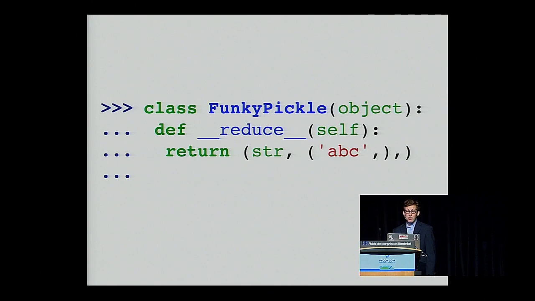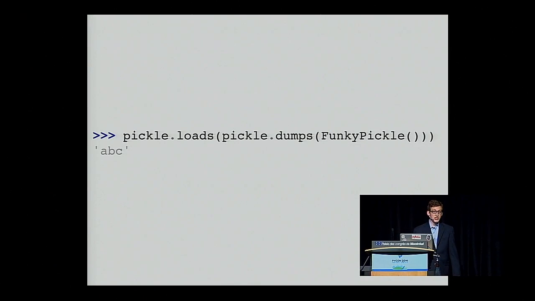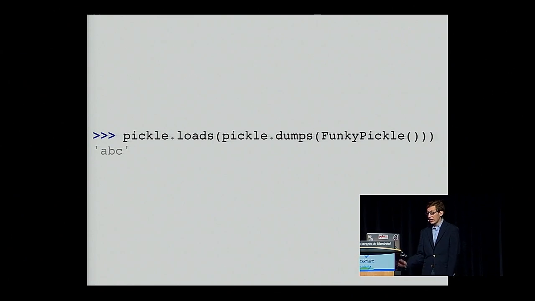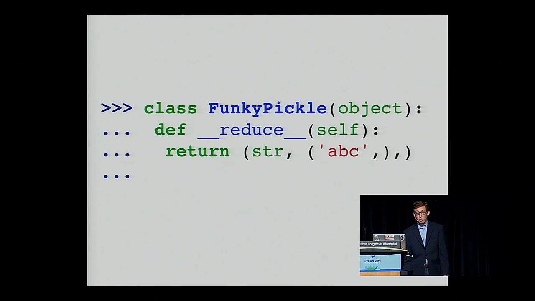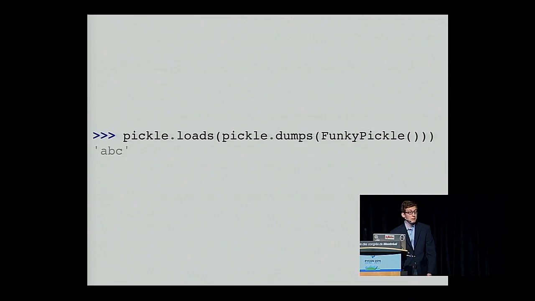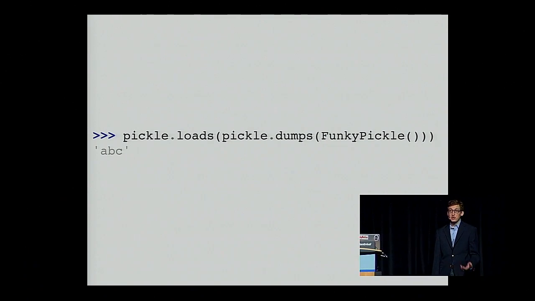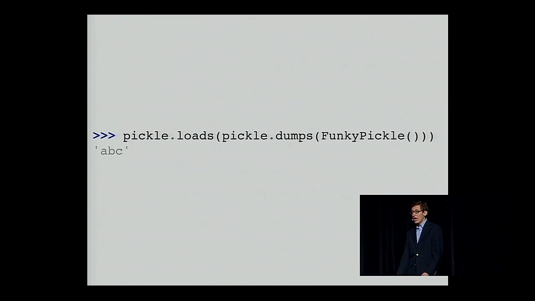So if we try to round trip an instance of this, we will see that dumping and then loading a funky pickle actually results in the string ABC, which we got by calling str with ABC. It's a bit of a bizarre behavior, but perhaps we might want to leverage this to construct with different arguments, or to call some specific function that maybe has different behavior.